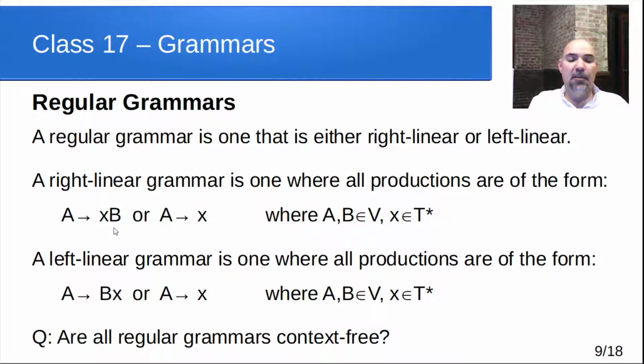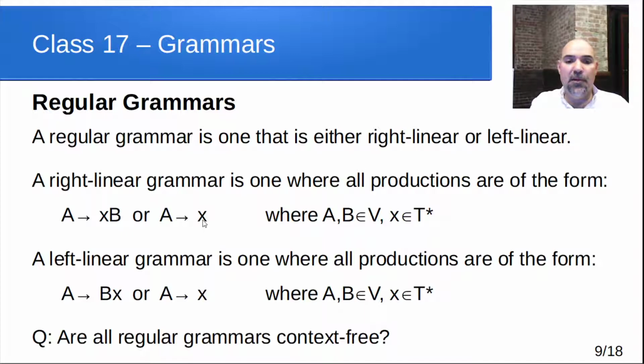So notice that this is a further restriction on context-free, which means that all right linear grammars are also context-free grammars because there's always a single variable on the left-hand side. So a right linear grammar has imposed a restriction on the right-hand side, not the left-hand side. In this case, notice we have a string of terminals and always a single variable at the end. We're not allowed to have more than one variable on the right-hand side.